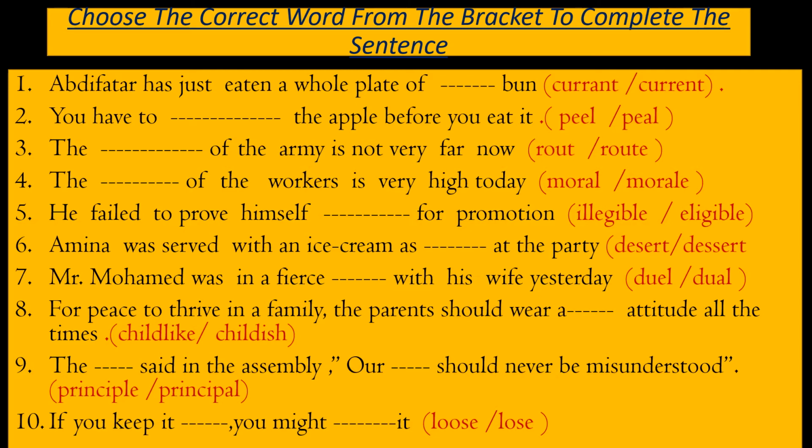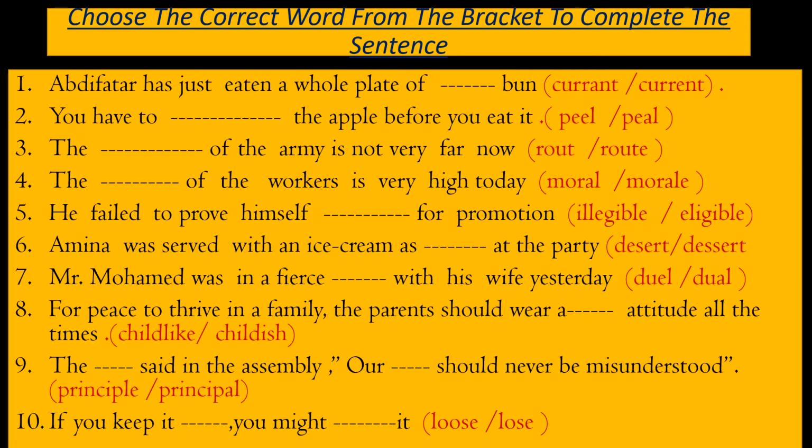C-U-R-R-A-N-T. Current, the second one, has commonly three meanings. The first one is happening now, happening in today's life, happening in the modern society, happening in our nation or country today, happening in the world today. Something of the present time, taking place at the present time, that is current.